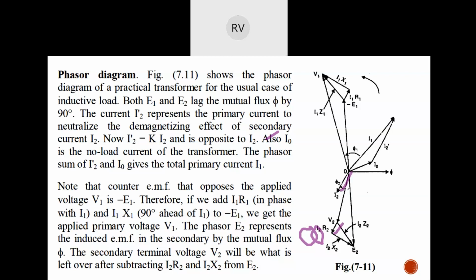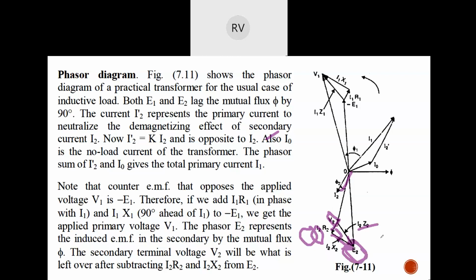So current is in this direction, and exactly 90 degrees to it you get I2X2. Here you can see the 90 degrees, and if you add these two you get I2Z2. If you add I2Z2 to V2, then you get E2.